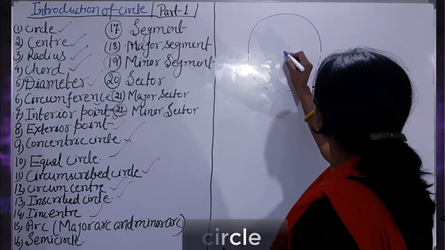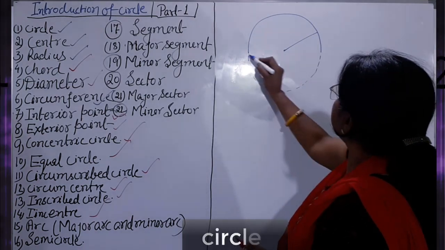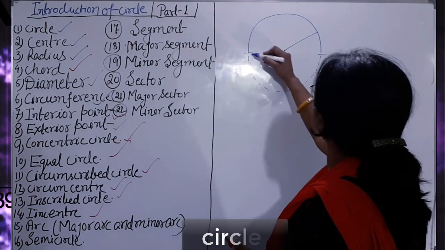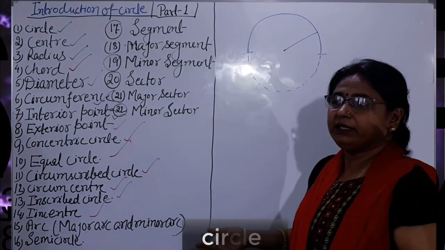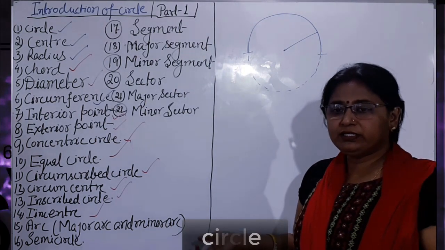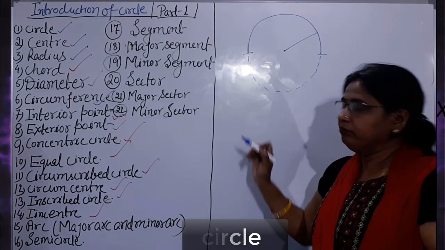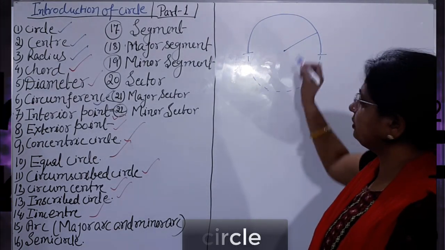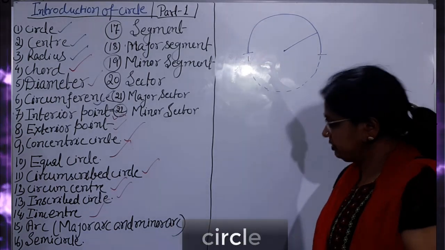The center and radius are all the same. This portion is a semicircle. When the minor arc and major arc are both the same, that time it is called a semicircle. Semicircle over.